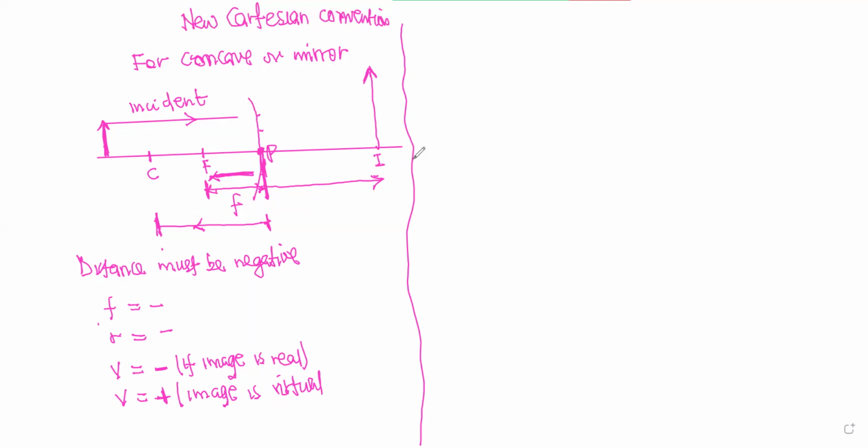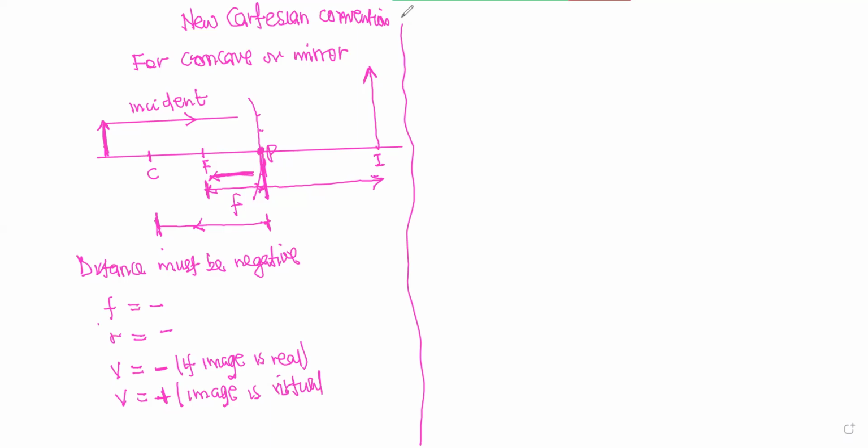So yesterday's example, an object is placed 20 centimeter and 5 centimeter in front of a converging lens of focal length 15. Okay, so let me write the question. Please write it as well.